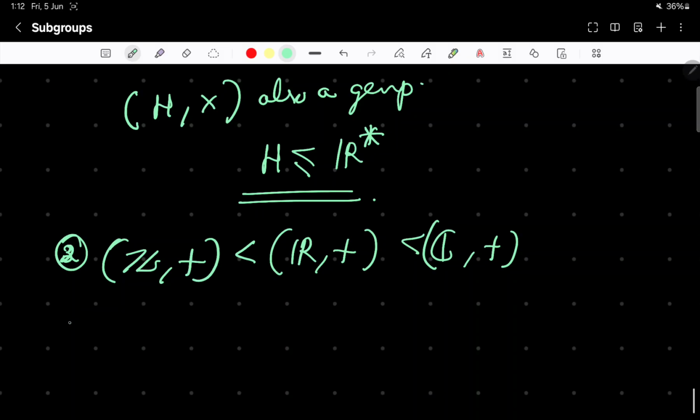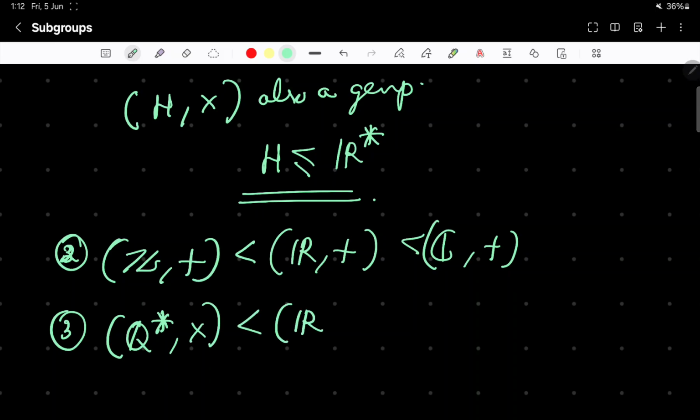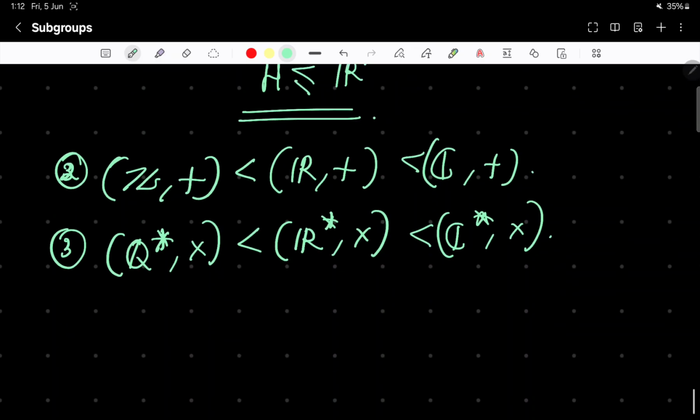And what about the multiplication case? Q star under multiplication is again a proper subgroup of R star under multiplication. Also C star is a subgroup of, yeah. So they are all the same operations. That's interesting.